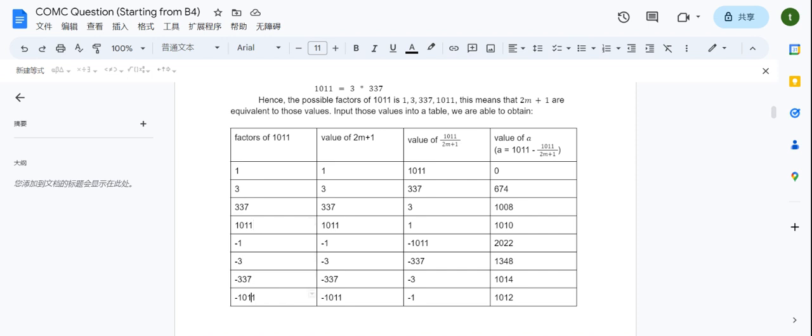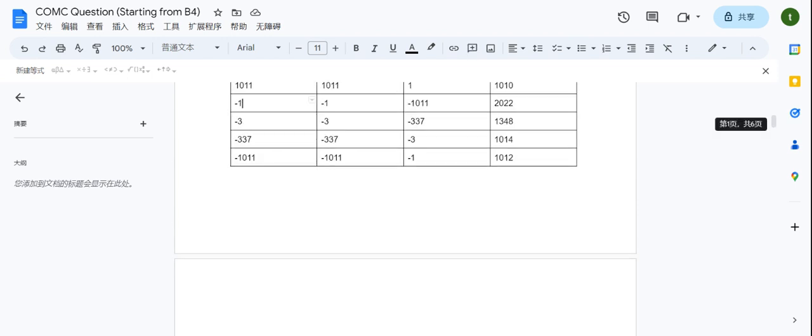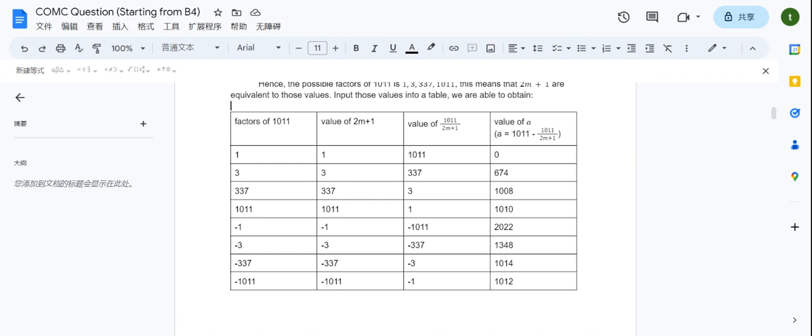So we can draw the conclusion that the values of a are 0, 674, 1008, 1010, 2022, 1348, 1014, and 1012.